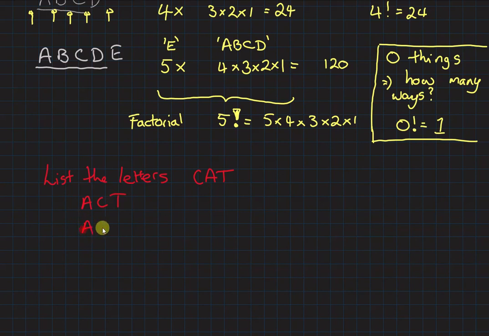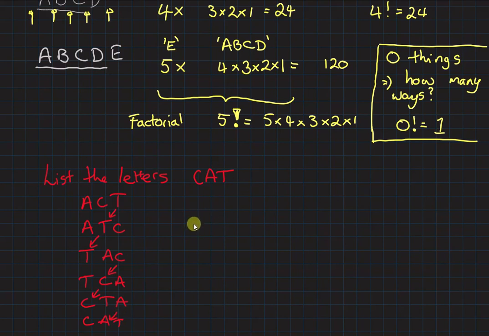We have ATC. Doing my same trick, I keep moving the last one across until it gets to the front, and I'm not repeating. So T moves to the front, A and C have both shifted over. Now go through the list again. C moves over, which bumps A to the end. And if I move the C to the front, I'm left with one other option, which is CAT.